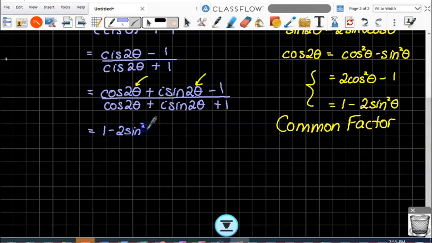Right, so we're choosing the 1 minus sine squared theta because I want to, oh, and by the way, what's sine 2 theta? Might as well sub in while we're here. You've got to keep the i, yep. So that's going to be 2 sine theta cos theta, and then this minus 1 is going to cancel out with this one.